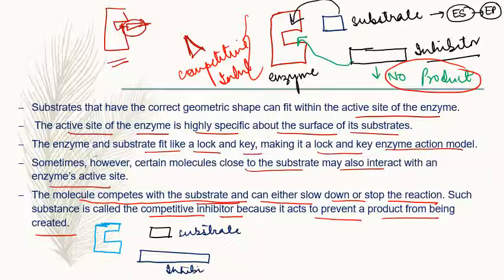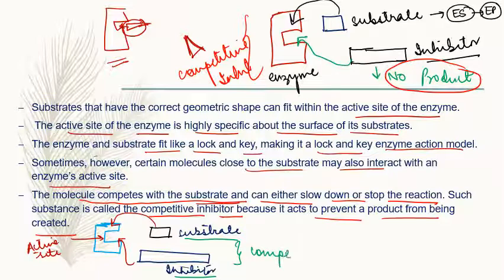You can see both of them can bind to only one site of the enzyme, that is the active site. This part we call the active site of the enzyme. Since there is only one site present on the enzyme, both this substrate and inhibitor compete with each other.